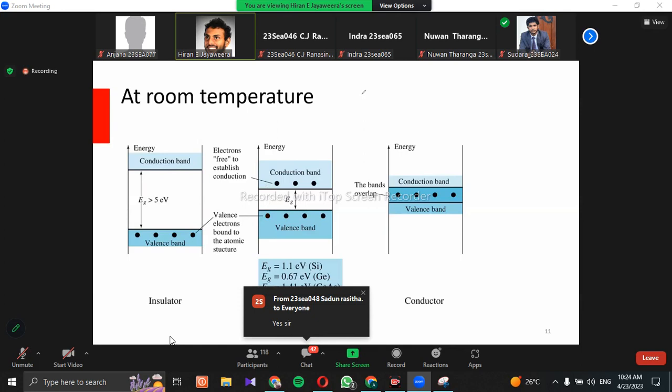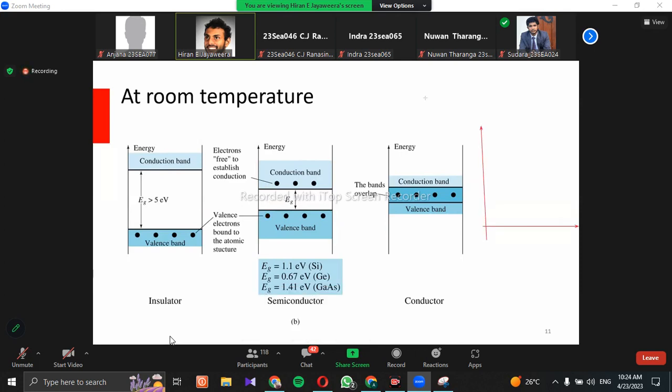If you remember the graph again, the x-axis is temperature and the y-axis is resistivity. In case of insulators, it's like this. In case of semiconductors, that is also decreasing. In case of conductors, the resistance is increasing.